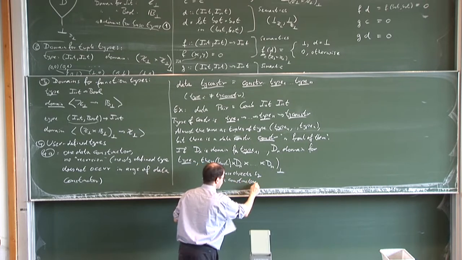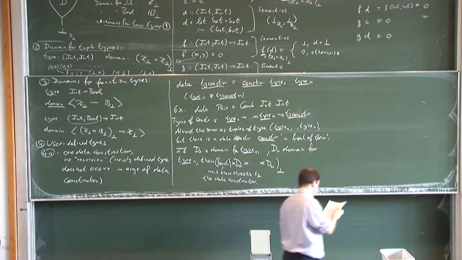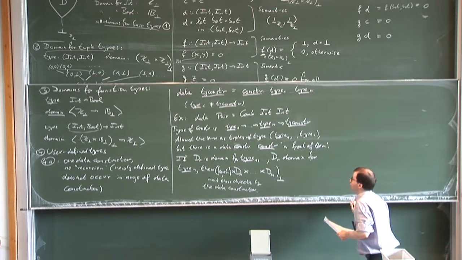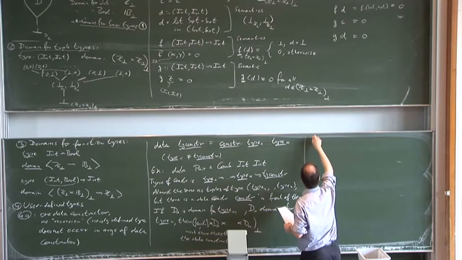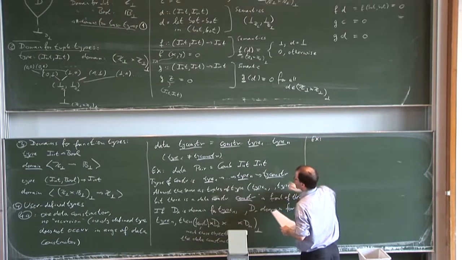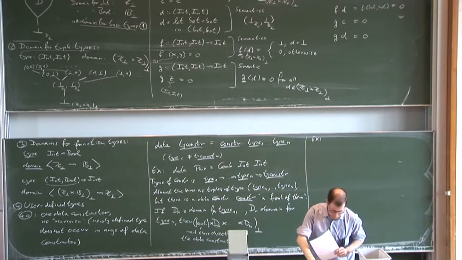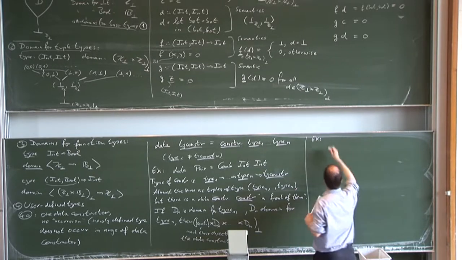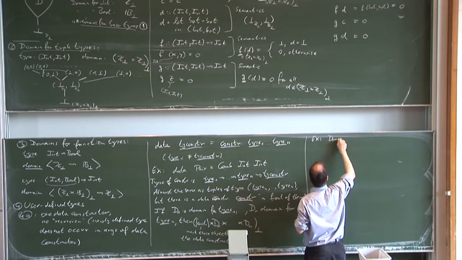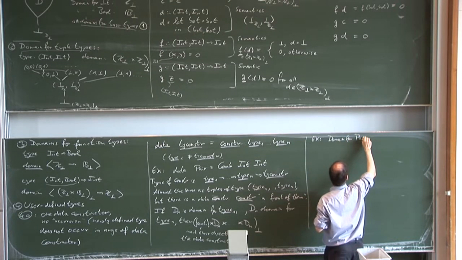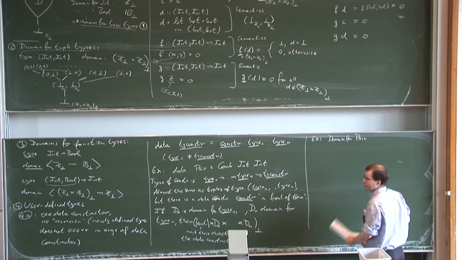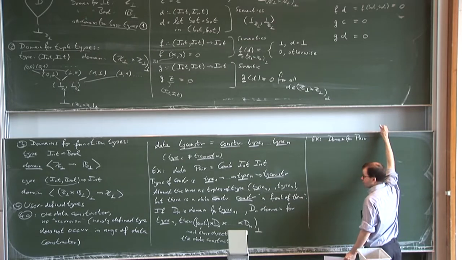So in our example, if we look at this example where we define the data structure pair, then the domain here would be the following set.